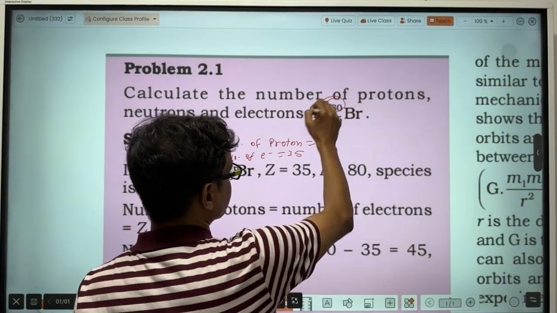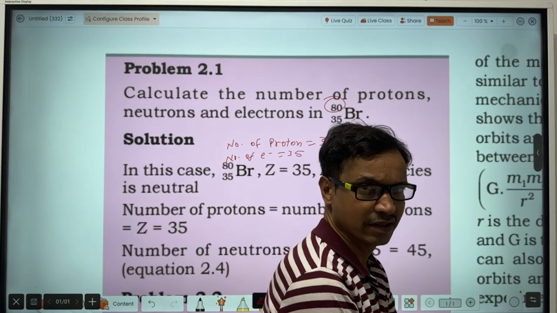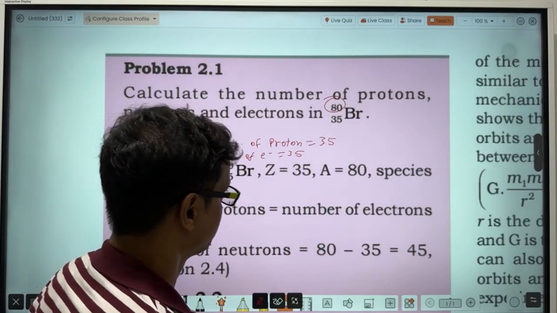The superscript represents the mass number, and the mass number is the number of protons plus the number of neutrons.